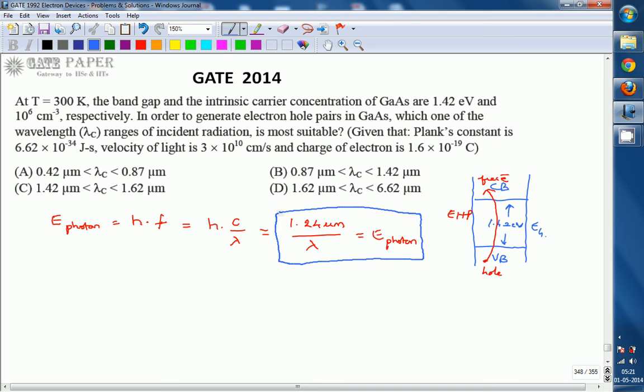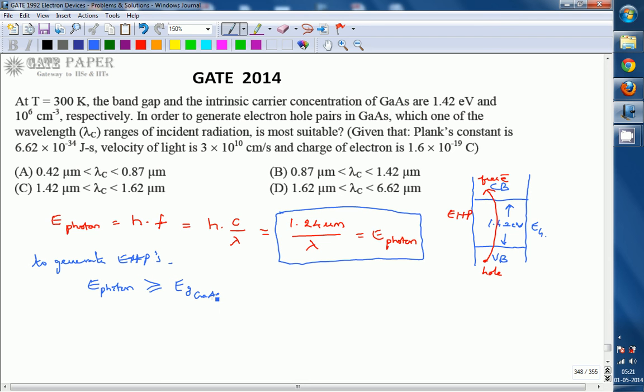And to generate electron hole pairs, what we require is that the energy of the photon should be greater than or equal to the energy gap of gallium arsenide.